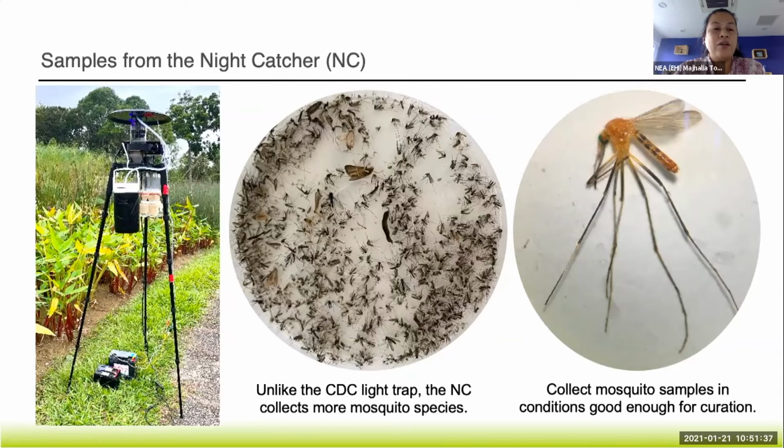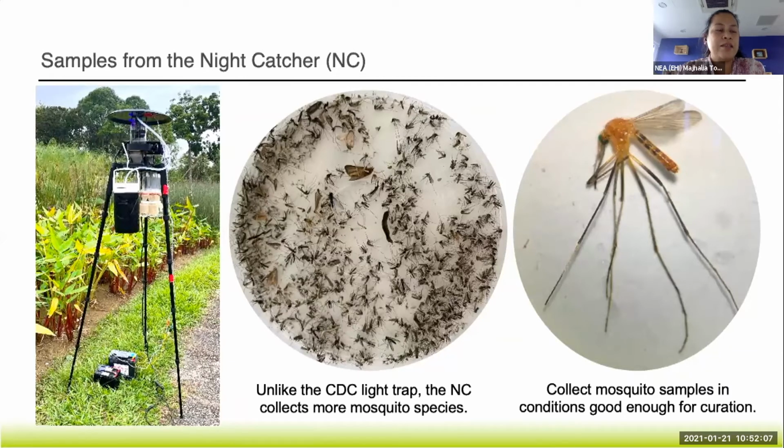If we add on different lights, if you see from this picture, we added some lights to it. We actually are able to attract other insects of importance to public health or disease transmission. We were actually able to collect a lot of biting midges and sandflies using the same trap. Yes, CO2 is an attractant for the night catcher, but we can also add lights.